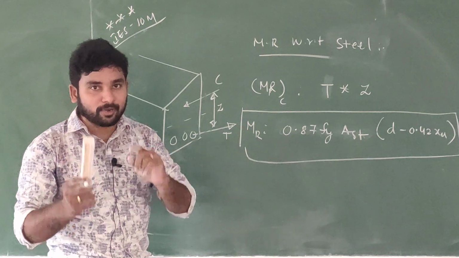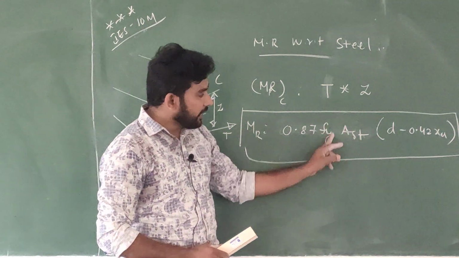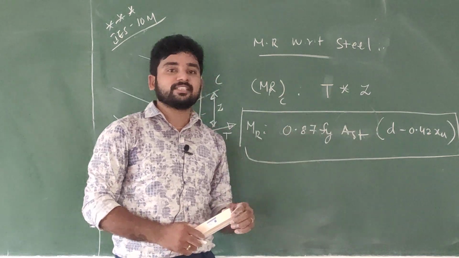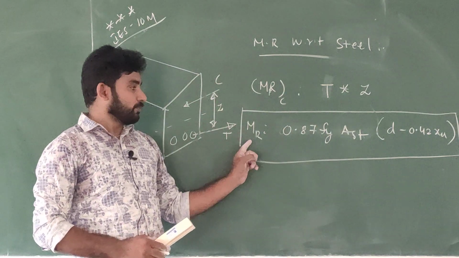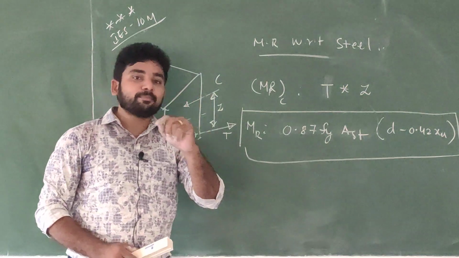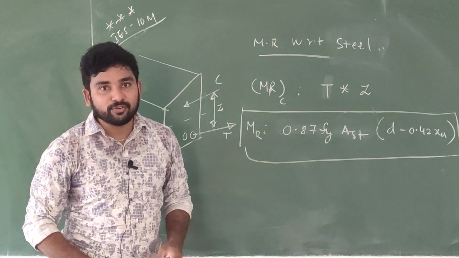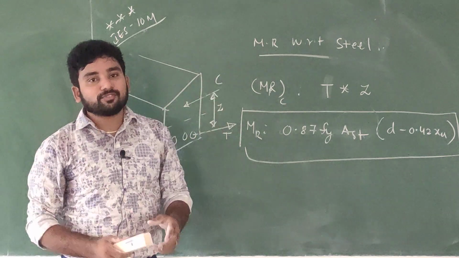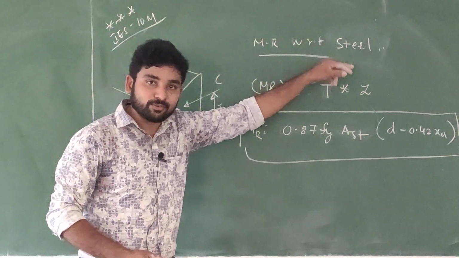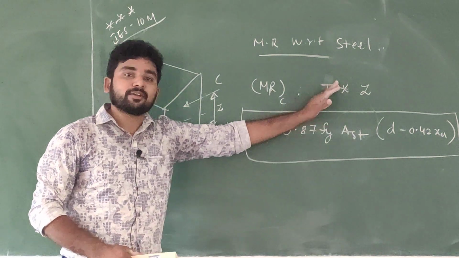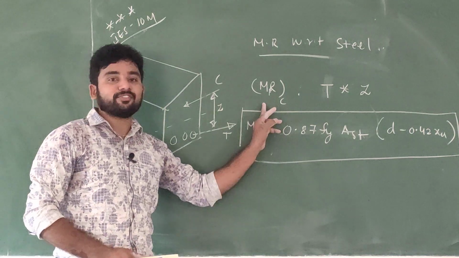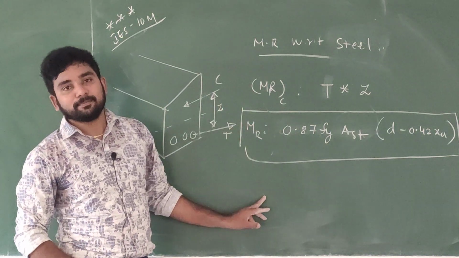For example, in the problem, if they give you the area of steel, meaning the number of bars, then you should go for moment of resistance with respect to steel. If they give you the width and depth of the beam and other components, then you should go with respect to concrete. But whichever formula you use, ultimately the moment of resistance is the same.